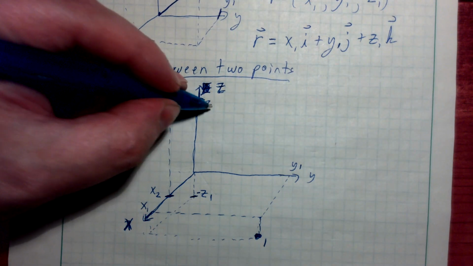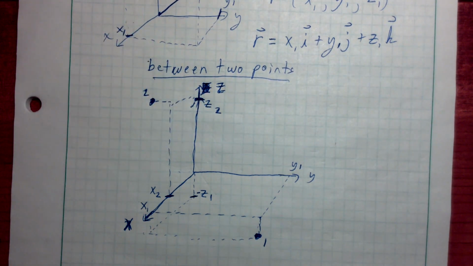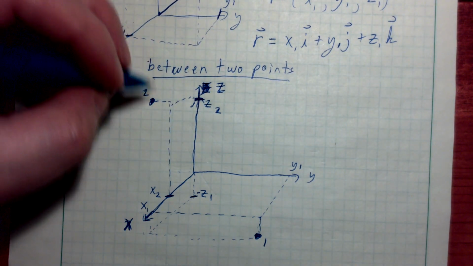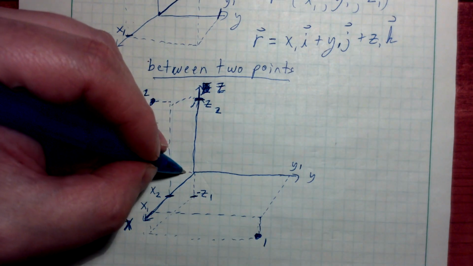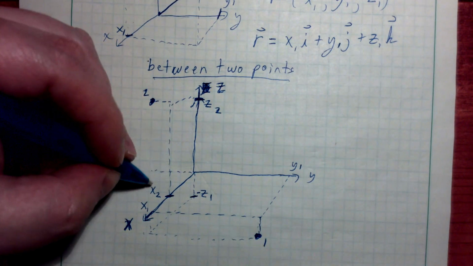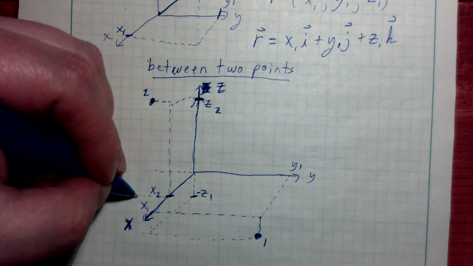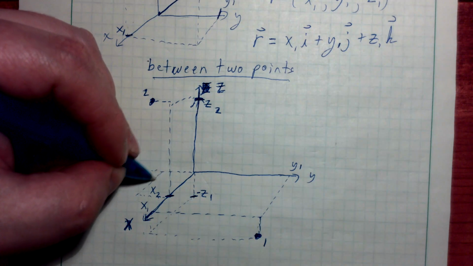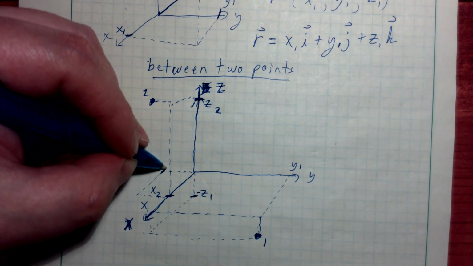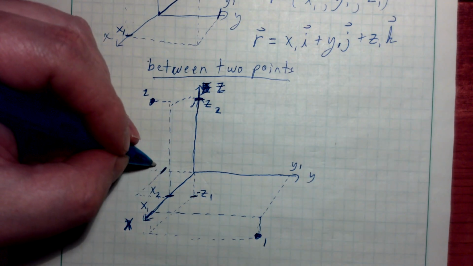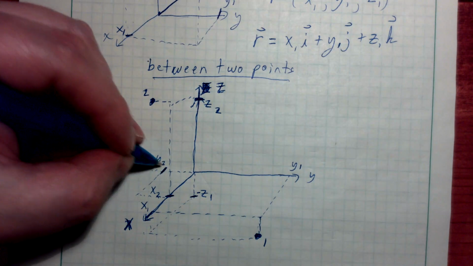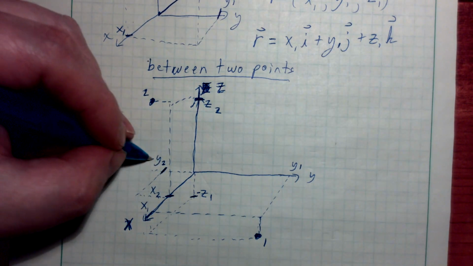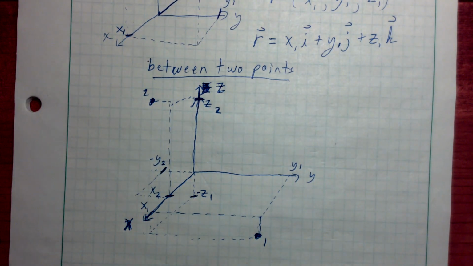We'll call this z2, so it's there at a height z2. And then again, it's out here in the negative y direction, so if I dot here and locate along the negative y-axis, it's out here at y2, a negative y2 value. So that's point 2.